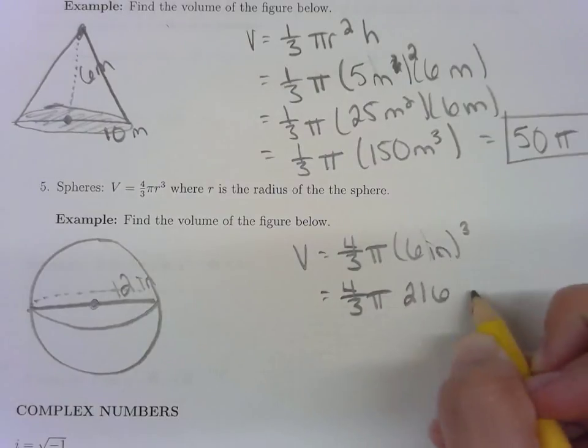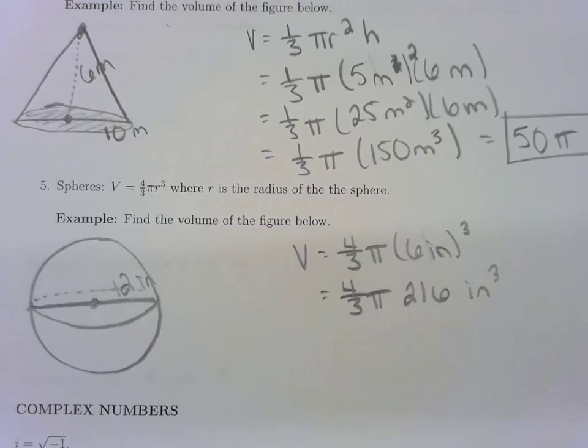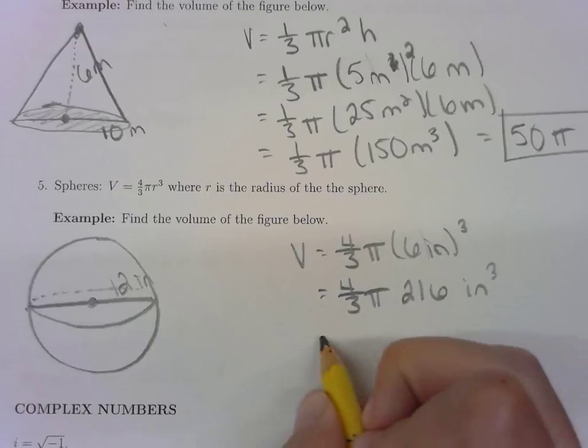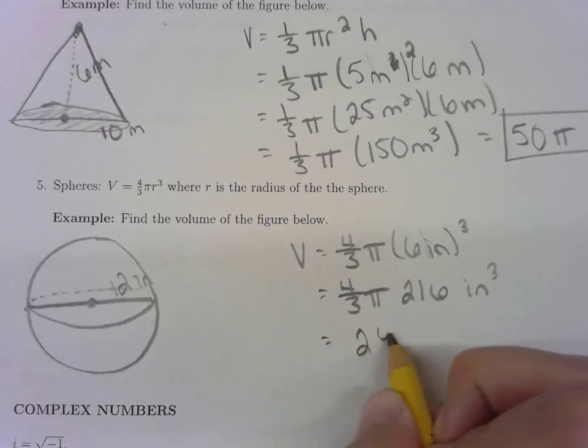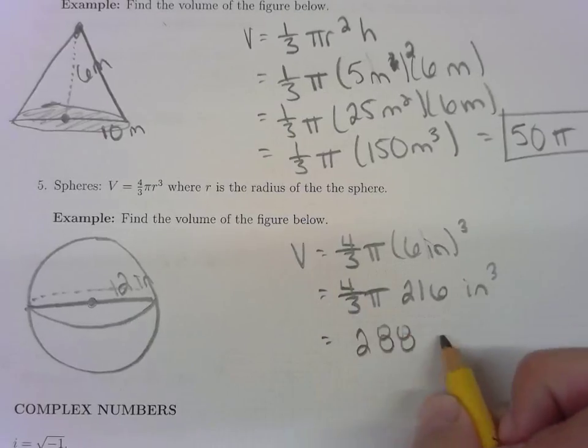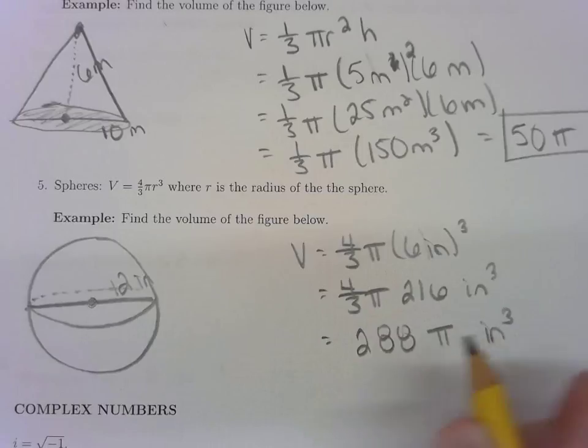This is inch times inch times inch, which is inches cubed. Then we're going to do times 4/3, which I got 288, so I multiplied by 4/3. We still have the pi, and this would be inches cubed.